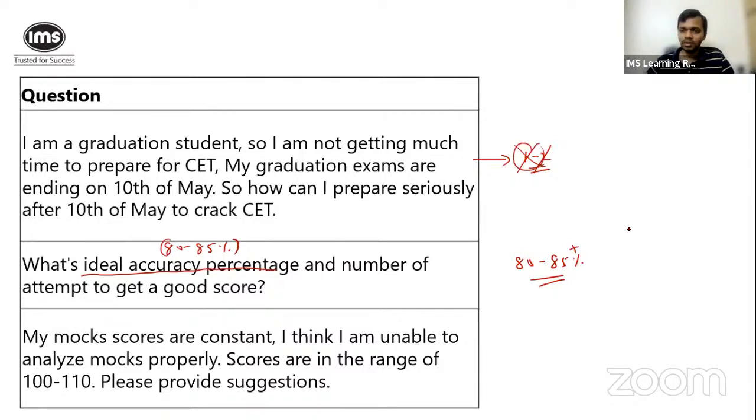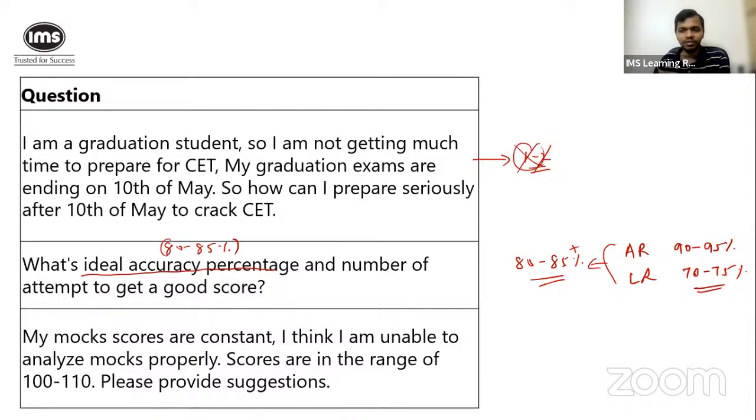So for example, if somebody has in AR, let's say 90 to 95% accuracy, right? And in LR, maybe let's say your accuracy is 70 to 75%, right? You might still be able to find a balance and reach about 80 to 85 combined in these two sections. So if I'm taking AR plus LR, right?